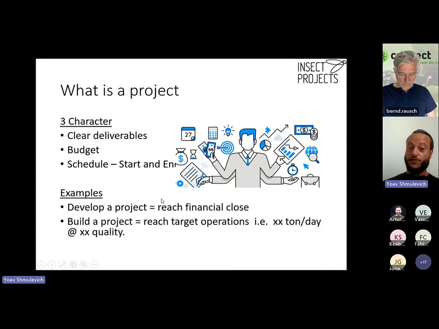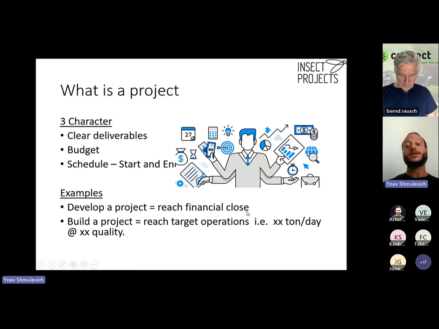So before we go to the 5 pillars, just to make sure we're on the same page, what is a project? A project has the 3 characters of clear deliverables, clear budget, and a clear schedule, start and end date. For example, your project can be to develop a project. In this case, your deliverable is to reach a financial close, to secure the money for the project.